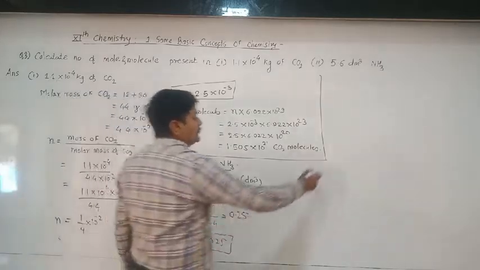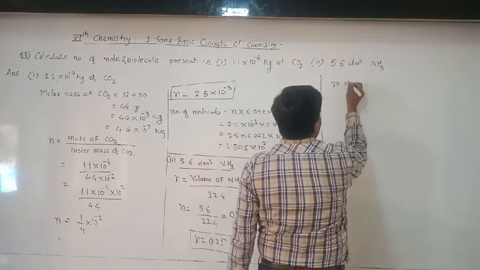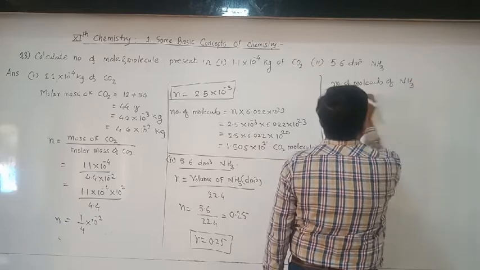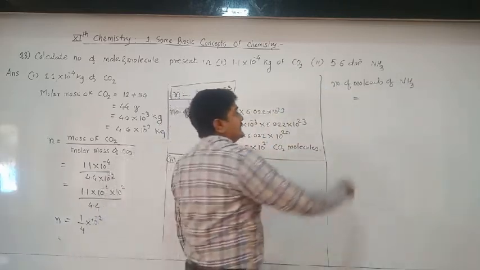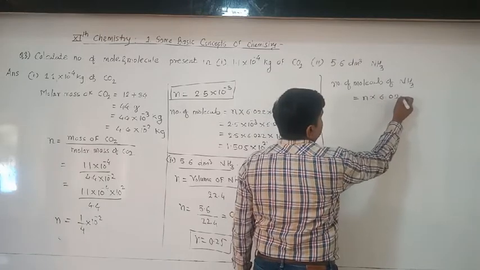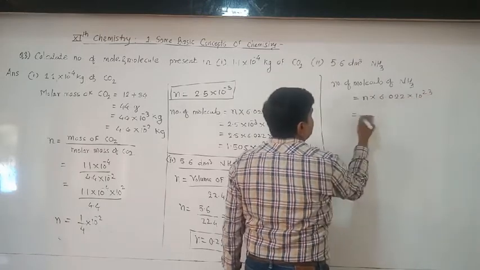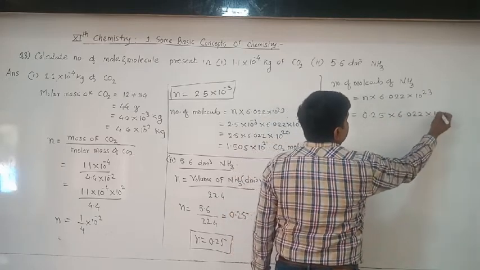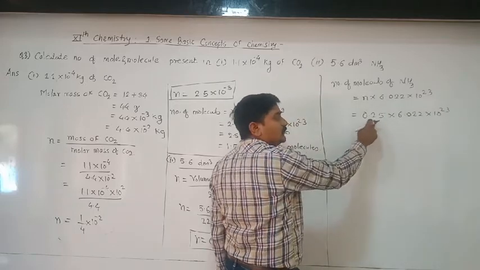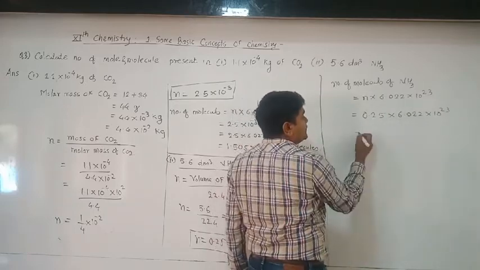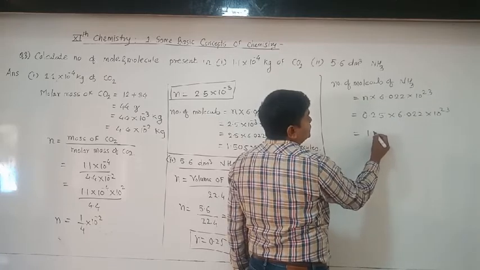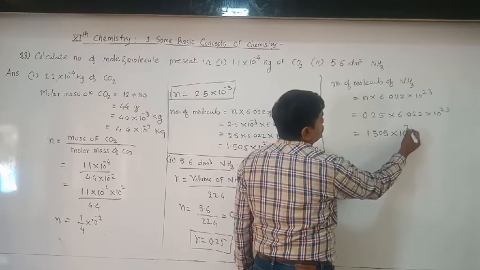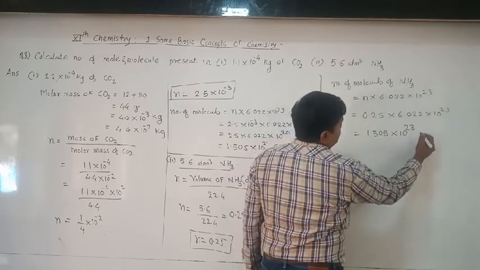Now from this calculate the number of molecules. So the number of molecules of ammonia is equal to n into Avogadro's number. n is 0.25 into 6.022 into 10 raised to 23. This 0.25 means 1/4. If we multiply by 1/4, it comes to 1.505 into 10 raised to 23 ammonia molecules.